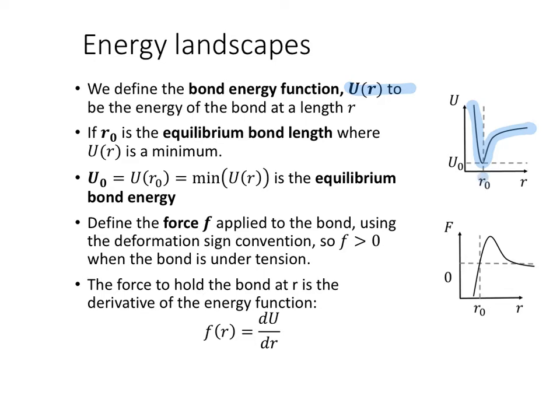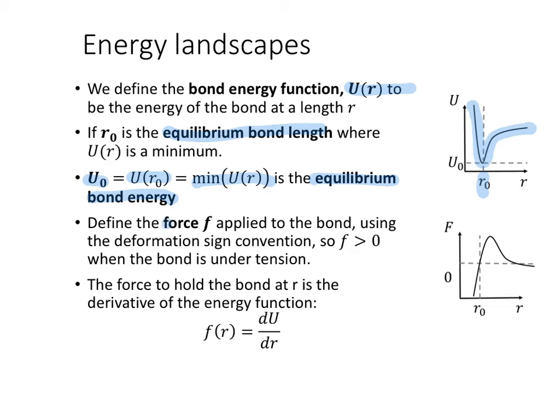We call r naught the equilibrium bond length, where the energy is minimum. We call U naught, or the energy at r naught, the energy at the equilibrium bond length, the equilibrium bond energy, and that's the value of the energy at that minimum. That is, it's the minimum of the energy.